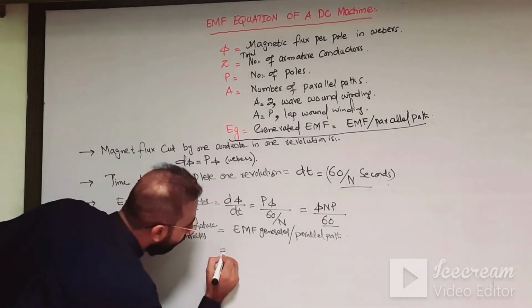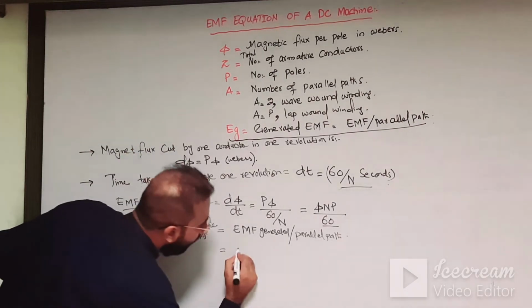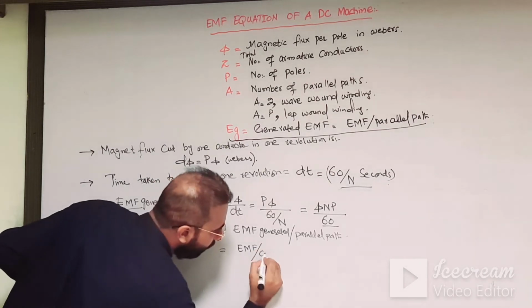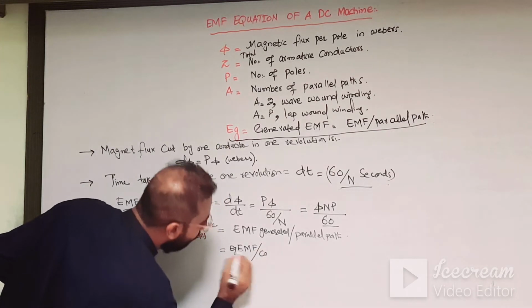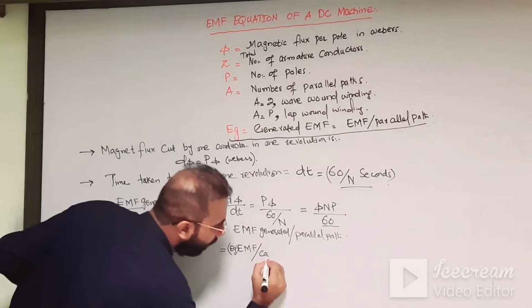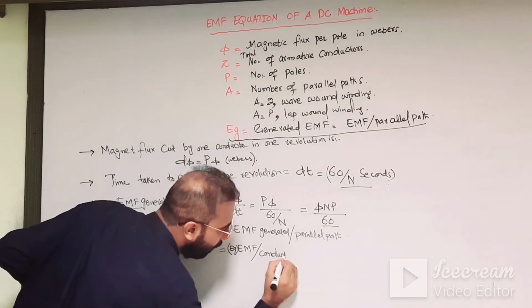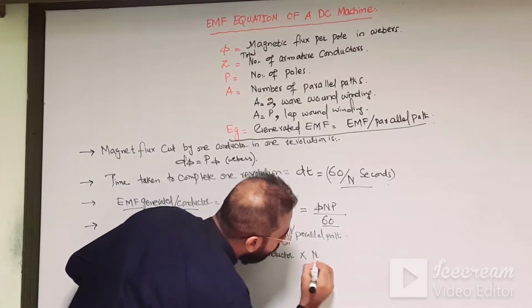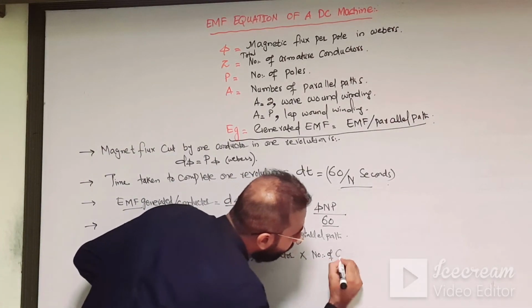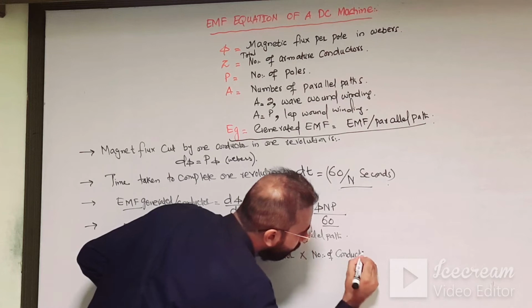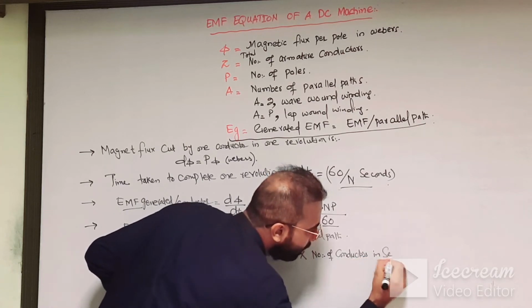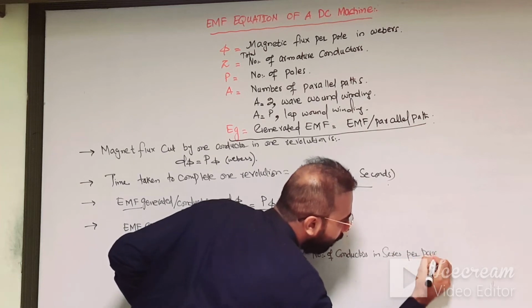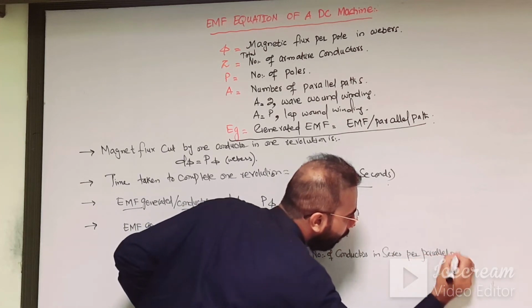So this is going to be the EMF per conductor multiplied by the number of conductors in series per parallel path.